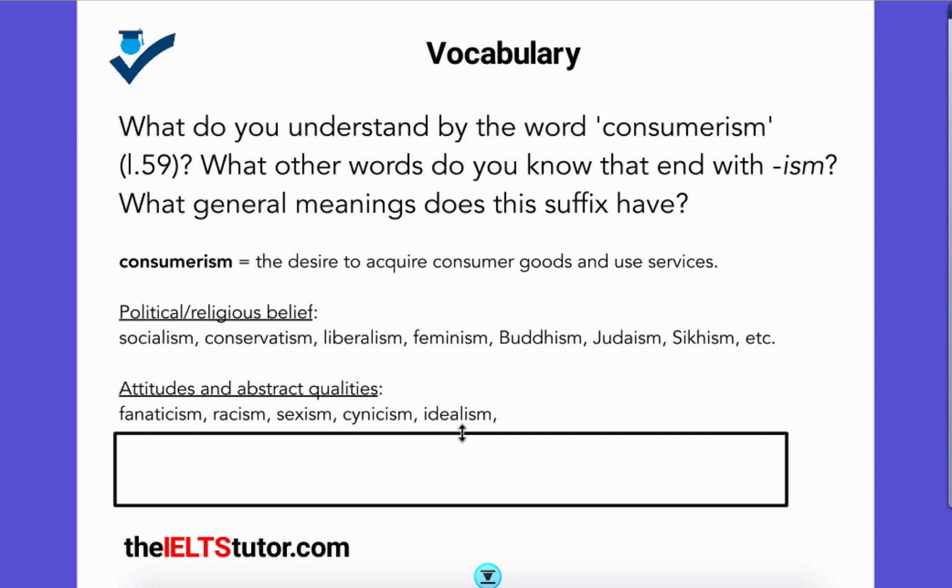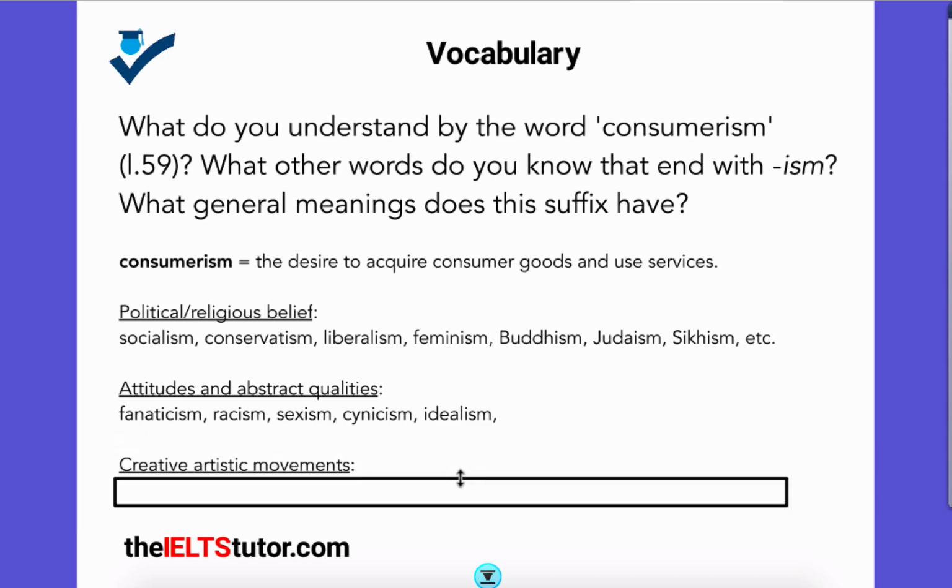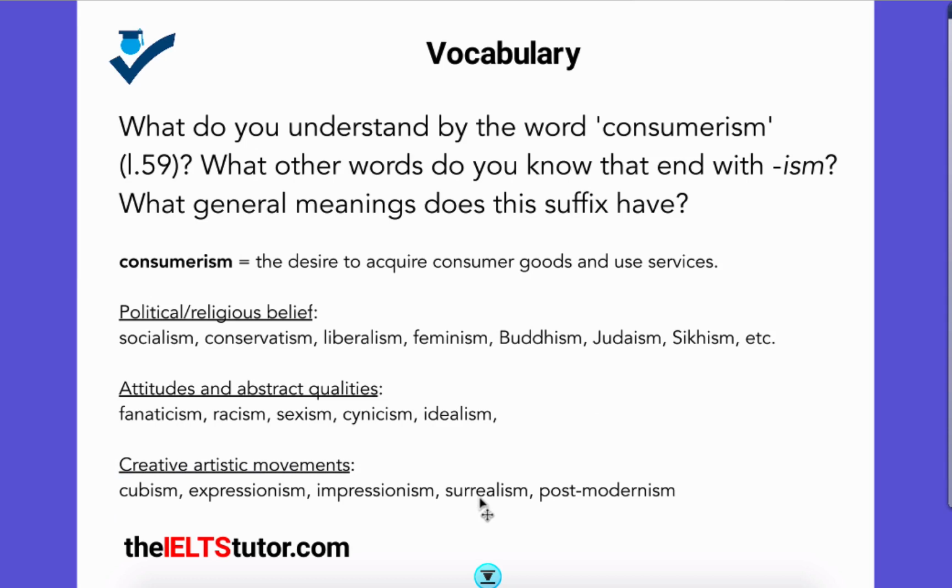And then we have isms that can be classified under creative, artistic movements. Okay, such as Cubism. So if you are an artist or if you're a student of art and you're familiar with Pablo Picasso's work, you would notice that he uses this technique called Cubism. And then we have Expressionism, Impressionism, Surrealism, Postmodernism.